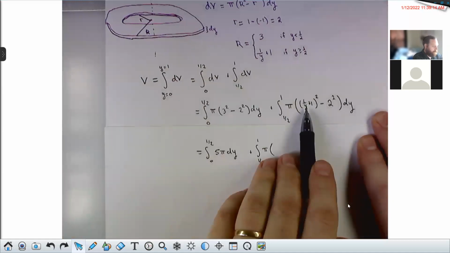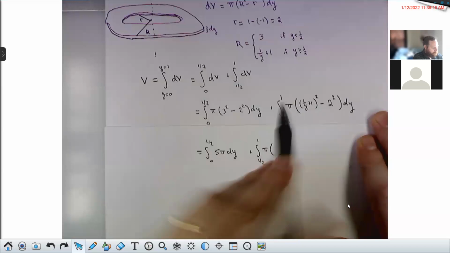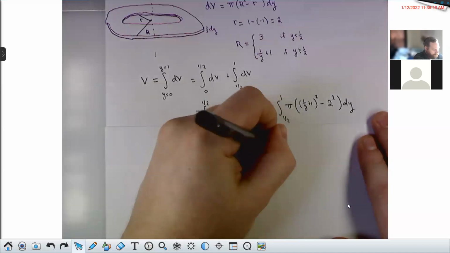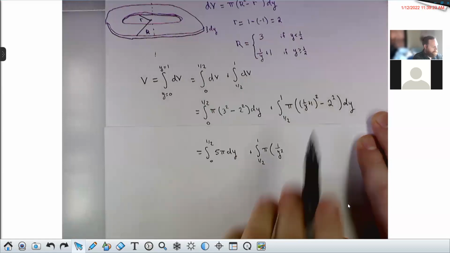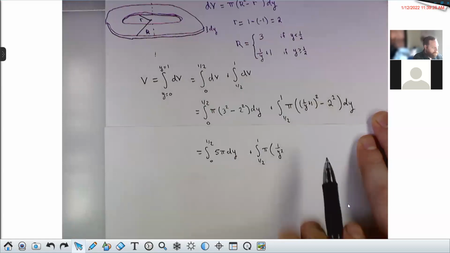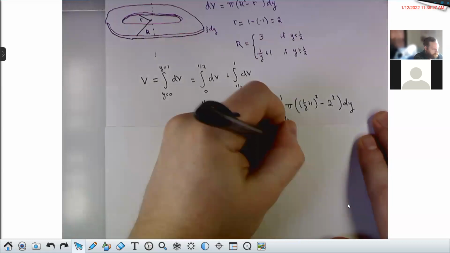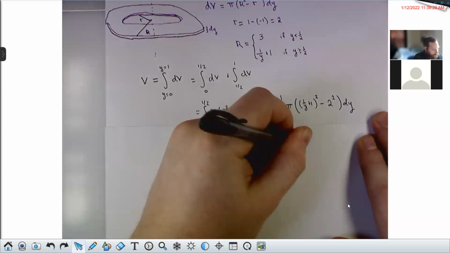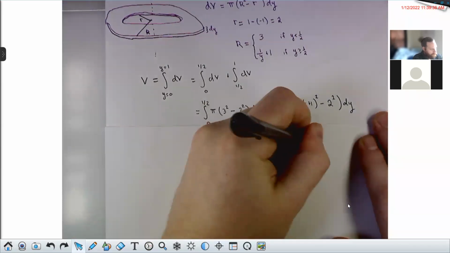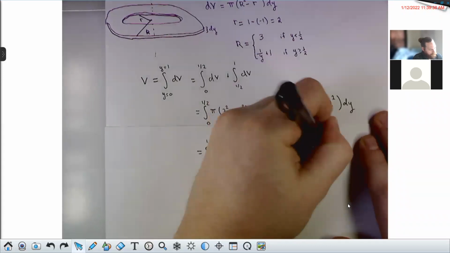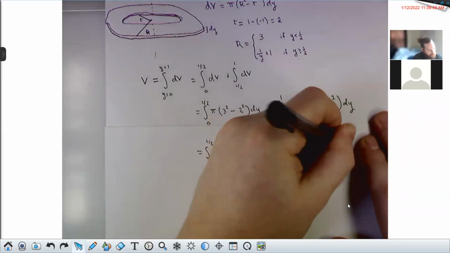If I FOIL this out, this is 1 over y squared, which is 1 over y times 1 over y, or 1 over y squared like that, plus 1 times 1 over y, plus 1 over y times 1, that's plus 2 times 1 over y, plus 1 squared is 1, minus 2 squared is minus 4 dy.